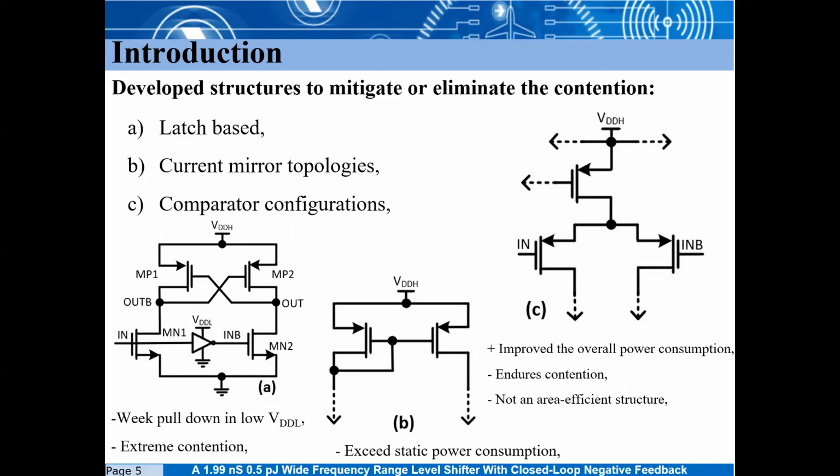The latch-based design suffers from weak pull-down in low VDDL, in addition to extreme contention, while the current mirror-based design tolerates exceedingly high static power consumption. Although in the comparator-based configuration the overall power consumption is improved, it endures contention. Besides, it is not an area-efficient structure.